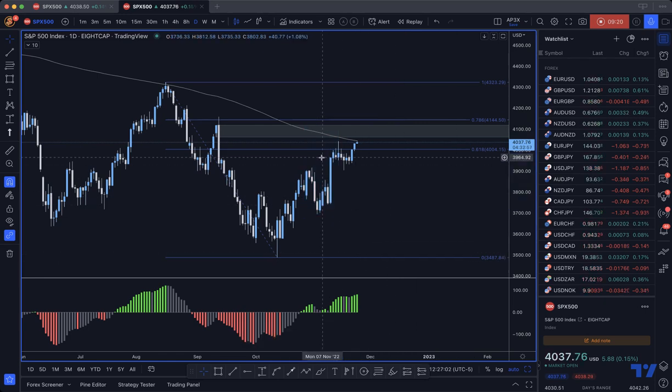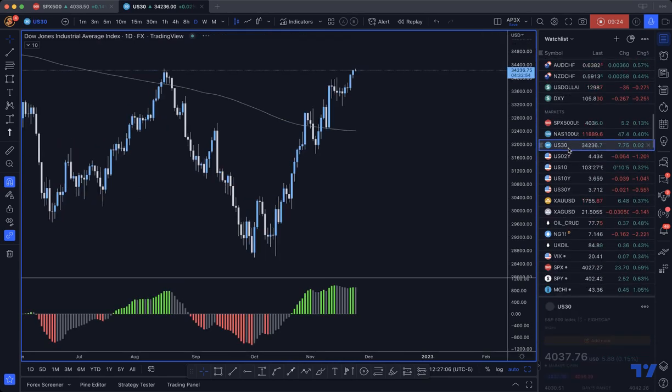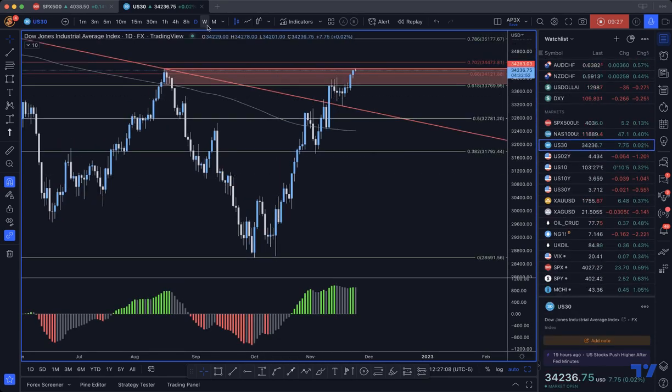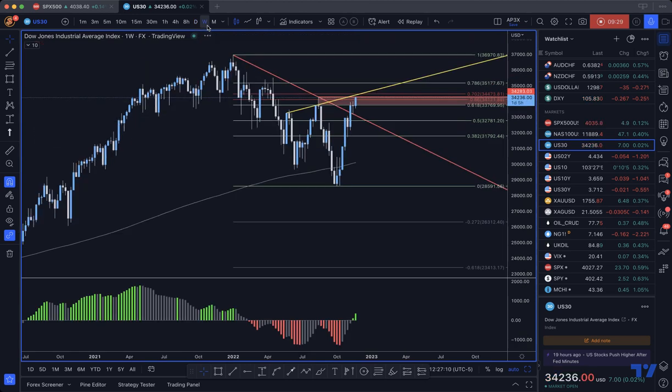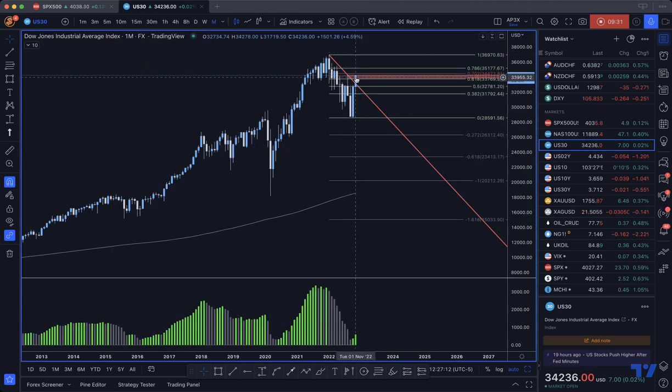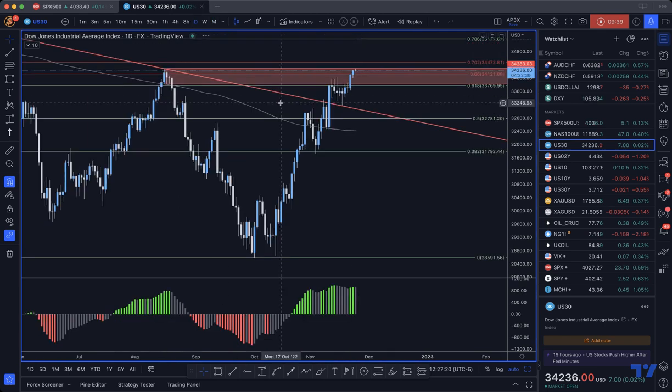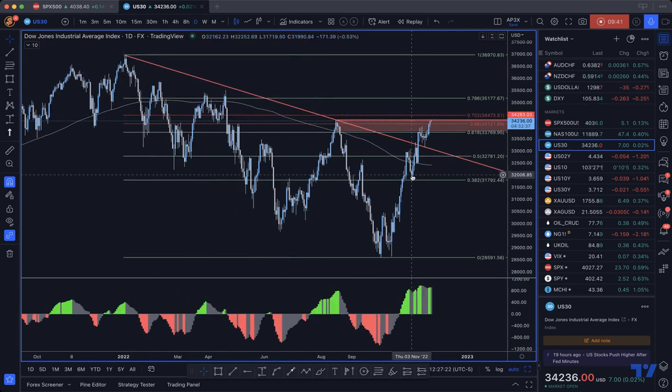Now, the only concern that I still have is this bullish monthly engulfing candle on US 30. That's the only thing that is of concern to me, because of the breakout to the top side.